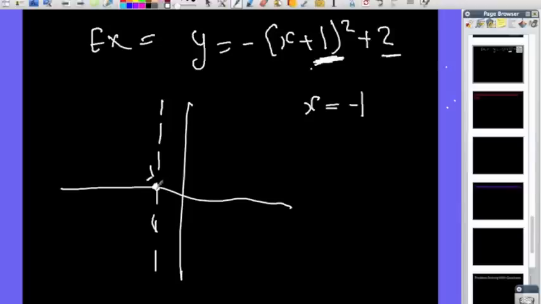So this is Vx, and Vy is 2, so it's somewhere here. So this is the turning point. So the graph would be something like this.